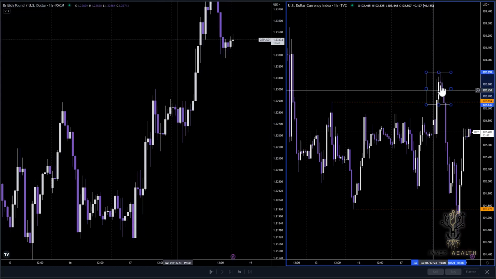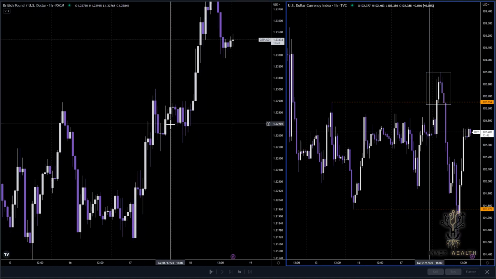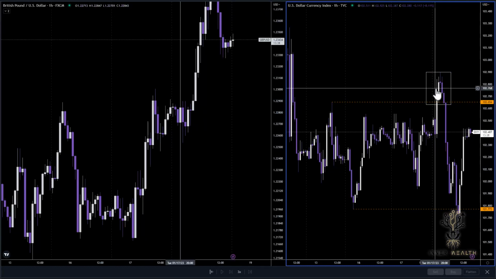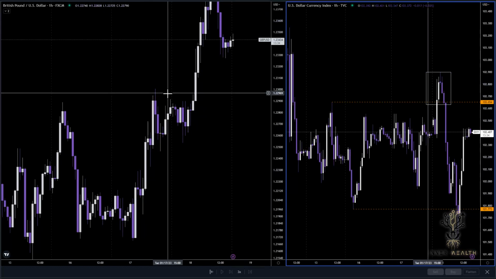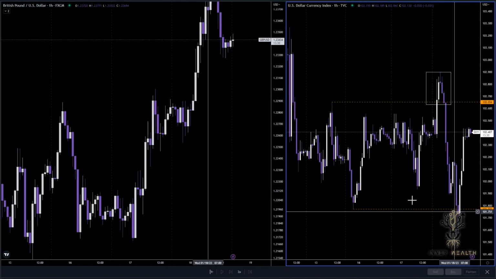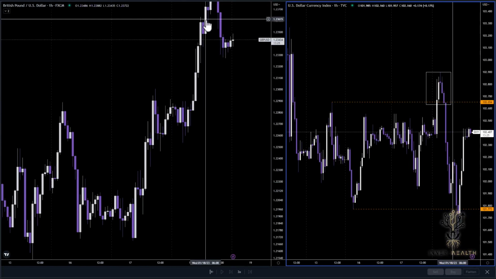Because if the US dollar weakens and gets weaker, the pound will get stronger. Say that again. If the dollar gets weaker, the pound gets stronger. So since the dollar's losing strength and the pound is gaining strength, we blast through.